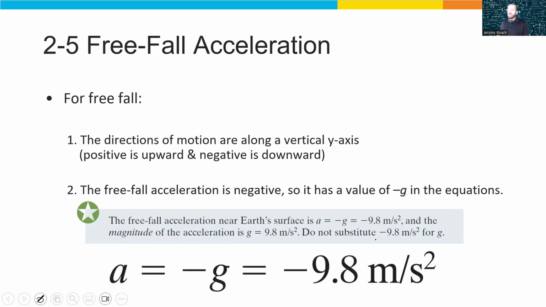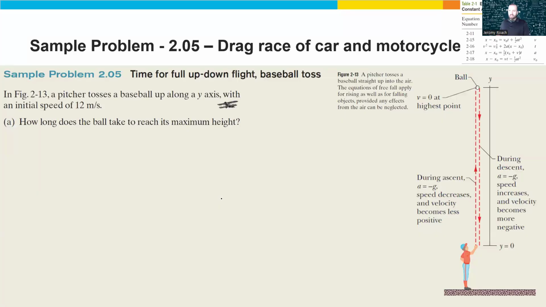So don't write negative 9.8 for G. We're just going to write G is 9.8, and we're going to write negative G when we're talking about downward acceleration. Some of these examples, I might not have written negative G. That's kind of why I was saying don't worry too much about the sign of it. Just try and make sense of what the acceleration is doing.